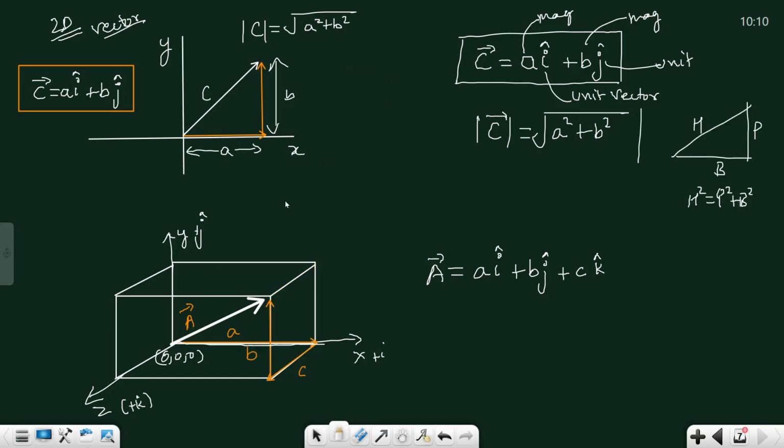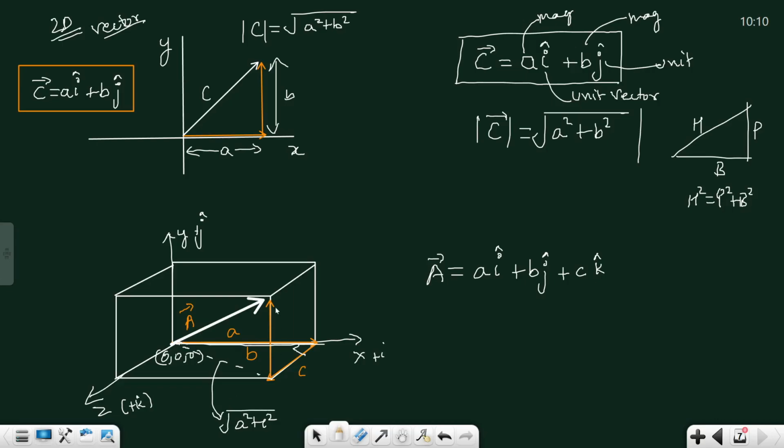Look, when you take this one, A vector and C vector, if you take the Pythagoras, this magnitude comes out as this one. This is the face diagonal. So A and C make 90 degrees. So the magnitude of this diagonal will be root of A square plus C square, simple.